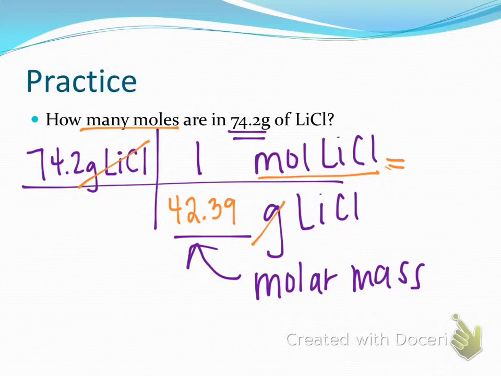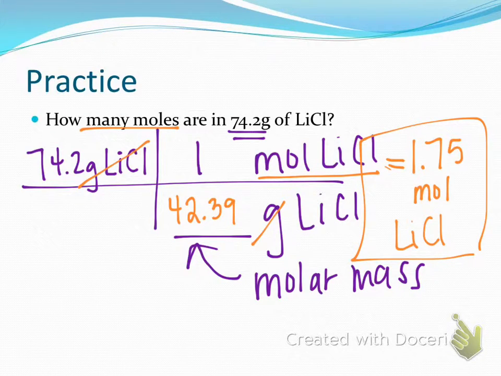I'm not as concerned with significant figures when we do unit conversions, because this 1 right here would throw us way off on our accuracy. So I usually just like to go to 2 decimal places. Tell me how many moles we have. 1.75 moles of LiCl.